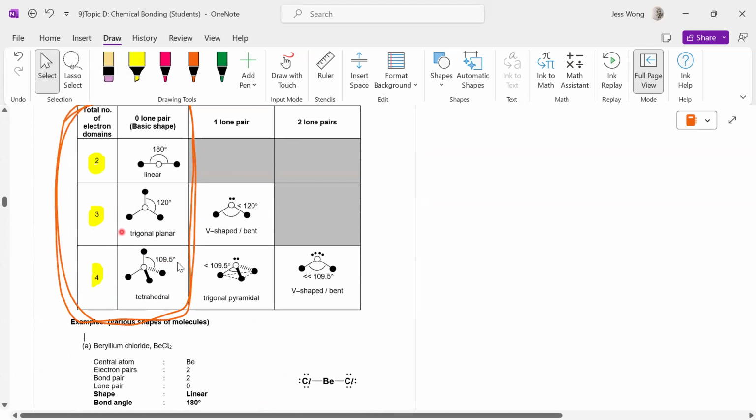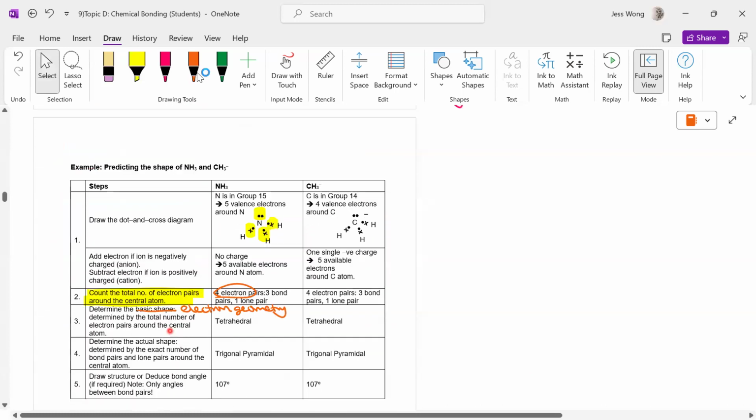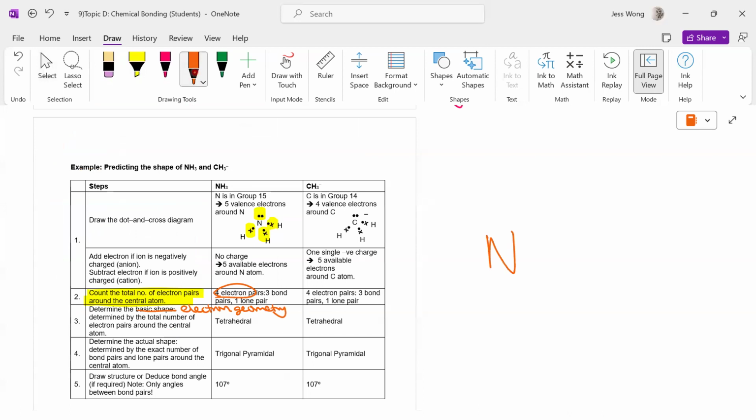So it's telling me to arrange the 4 electron regions in this tetrahedral shape so that you reduce repulsion. If I follow what they tell me, then I will arrange my nitrogen in this manner, with 4 electron regions.